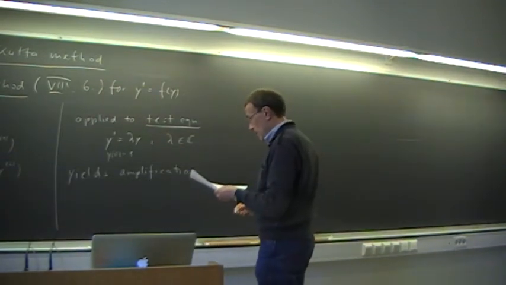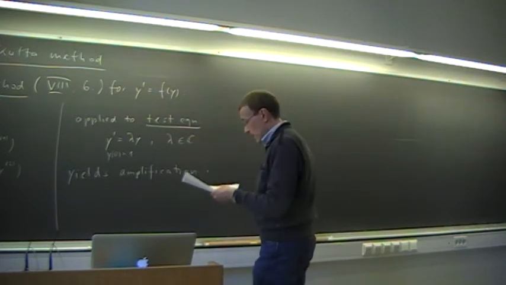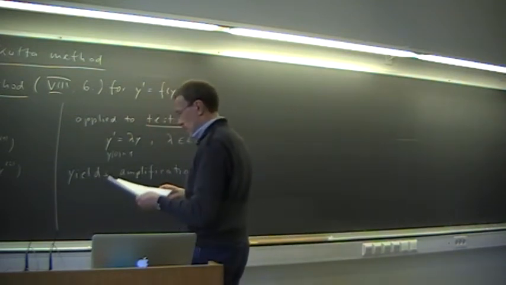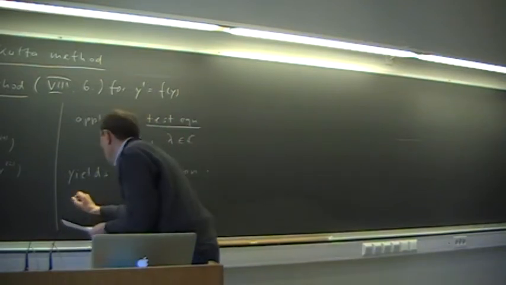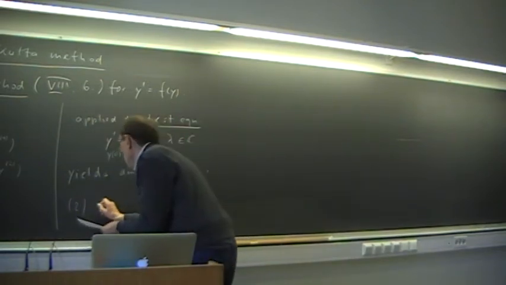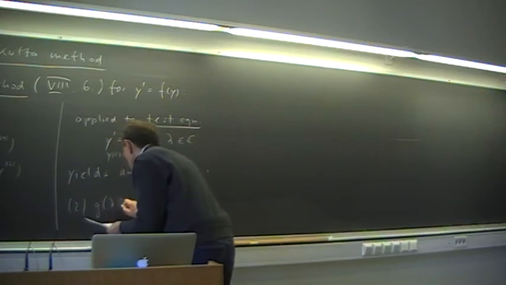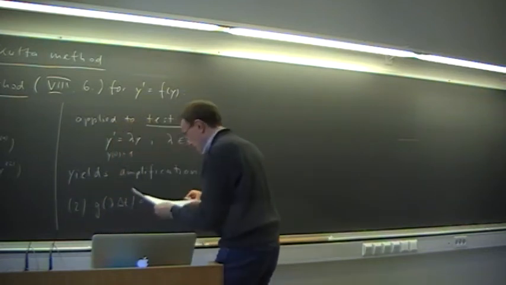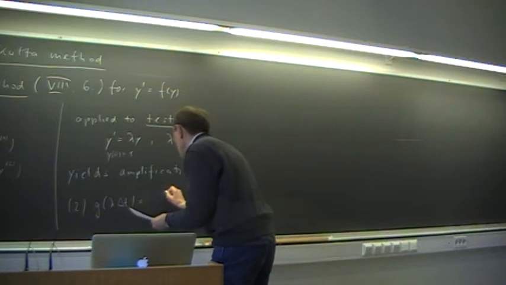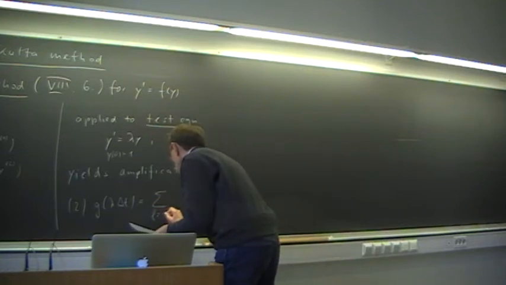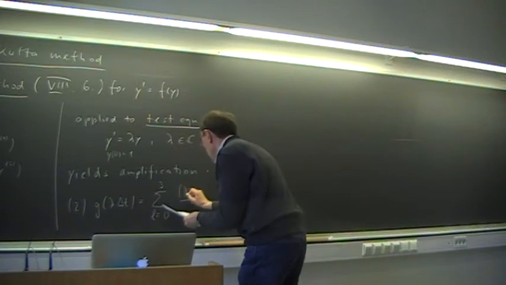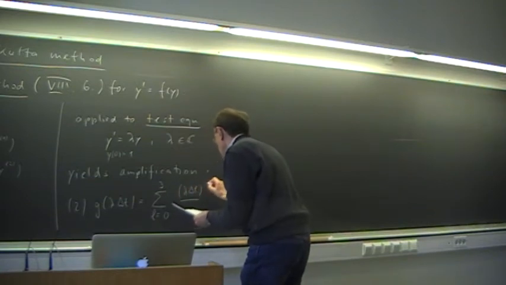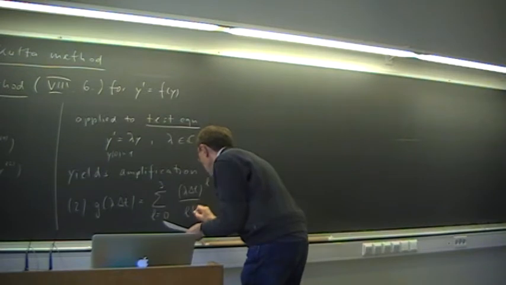And what we get in the end would be the following: g of lambda delta t, we would get the sum L from 0 to 3 of lambda delta t to the power L divided by L factorial.